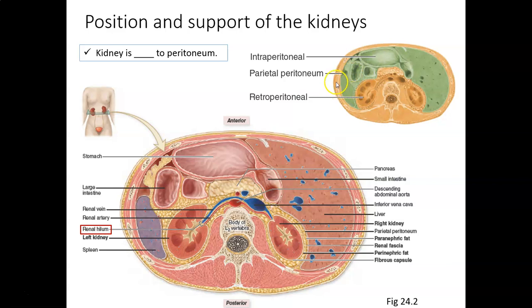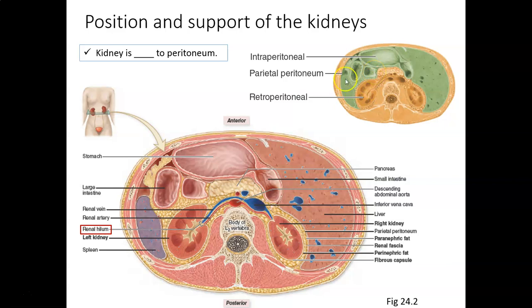You have the parietal layer of the peritoneum lining the body wall, right? The posterior portion of the parietal peritoneum is right here at the anterior surface of the kidney.